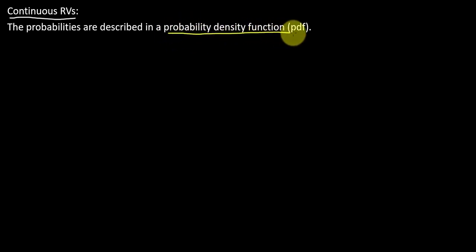For variables that are continuous, when we draw that smooth curve to represent the probability distribution for the population, we would call that a density function, a probability density function.